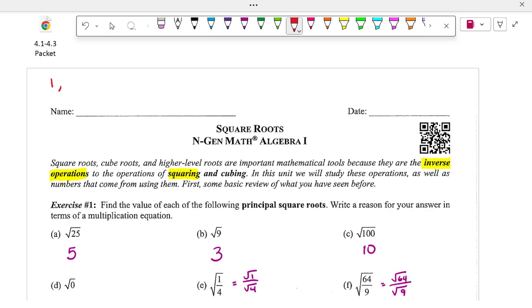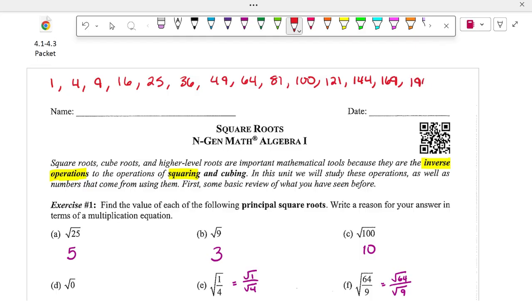So in order: 1, 4, 9, 16, 25, 36, 49, 64, 81, 100, 121, 144, 169, 196, 225, 256, 289, 324, 361, and 400.